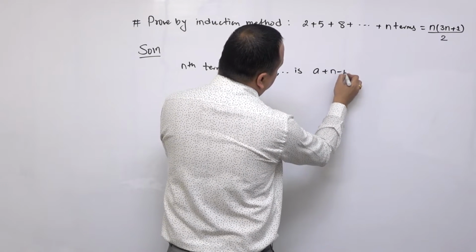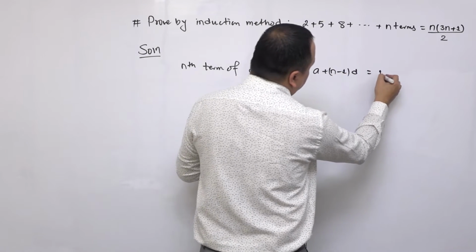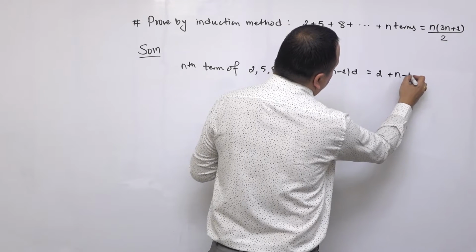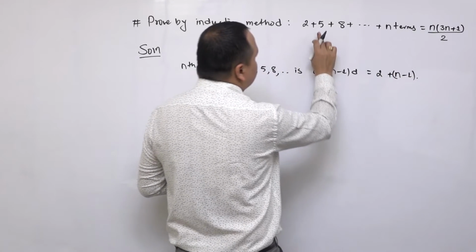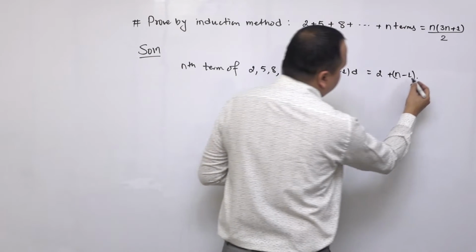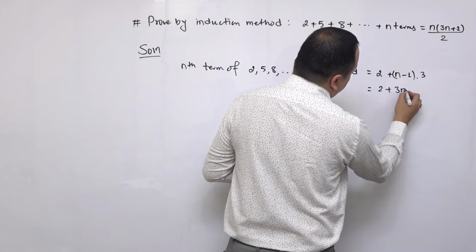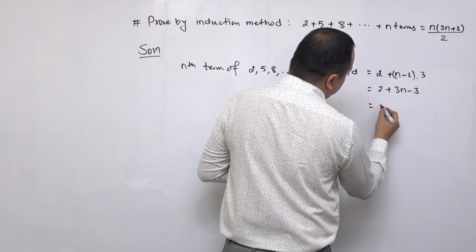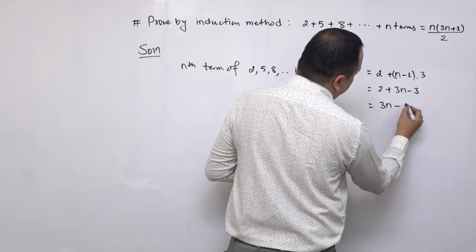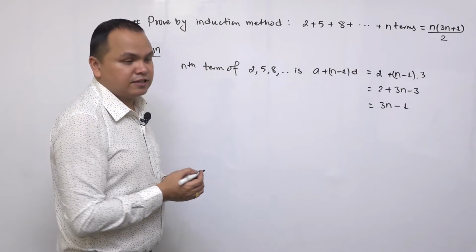a plus n minus 1 times d. This is 2 plus n minus 1 times, here t2 minus t1, 5 minus 2 is 3. So this is 2 plus 3n minus 3. This is 3n minus 1. Now let Pn be the given statement.